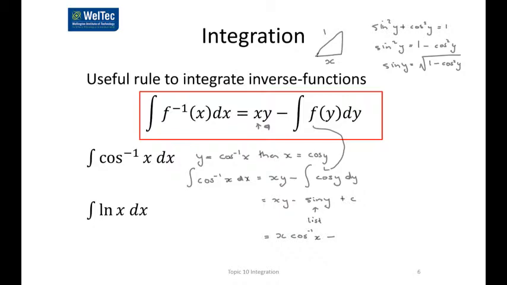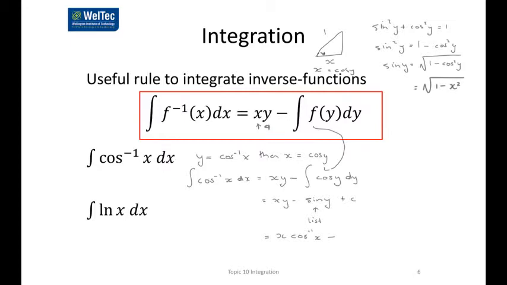Then x is going to be equal to cos y. Putting y in the diagram there, x is equal to cos y. So now we can say that sine y is equal to the square root of 1 minus cos squared y, which would simply be x squared.